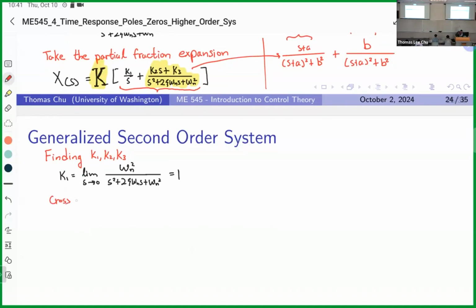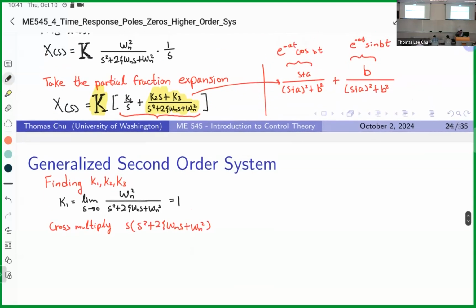Cross multiply both sides by s times s squared plus 2 zeta omega n s plus omega n squared. So then I get this equation. You know what? I'll just write the whole step.